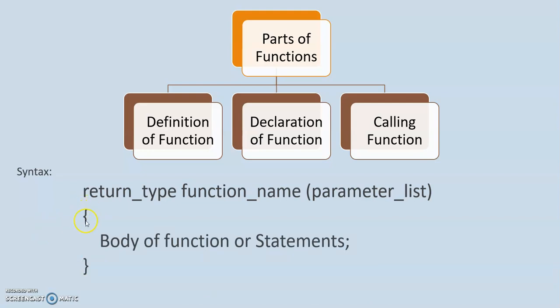Now, within the curly braces, we can write the statements, also called the body of the function. The whole becomes the syntax of the definition of the function. This will be more clear with an example.